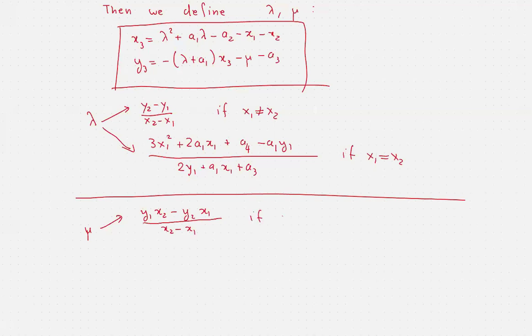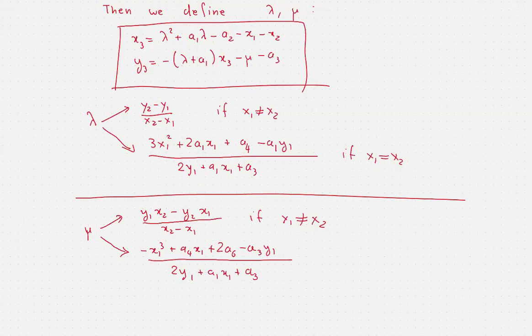Otherwise, if x1 is equal to x2, then that will give us minus x1 cubed plus a4 x1 plus 2a6 minus a3 y1, over the denominator, which is the same as we had in the case of lambda when x1 was equal to x2.